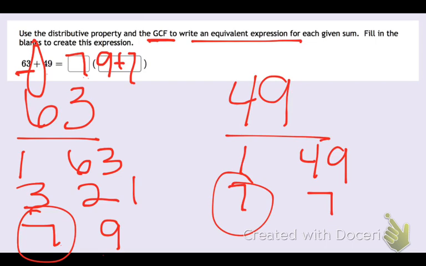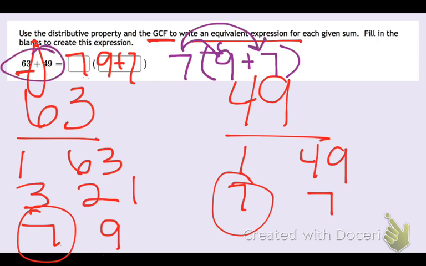So if I were to rewrite this problem, I could rewrite it like that. That looks a little sloppy, so I'm going to show you in purple what it would look like. You have 7, parentheses, 9 plus 7. And I'm going to show you why that works. If I were to take my 7 and distribute it through to the 9 and then through to the 7, we would get this same 63 plus 49.